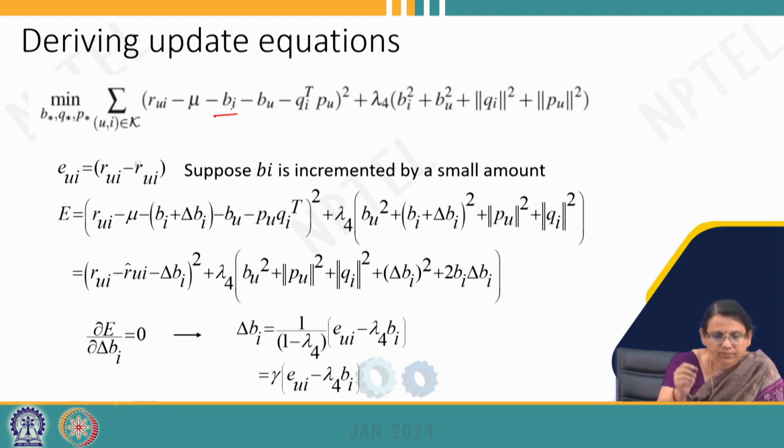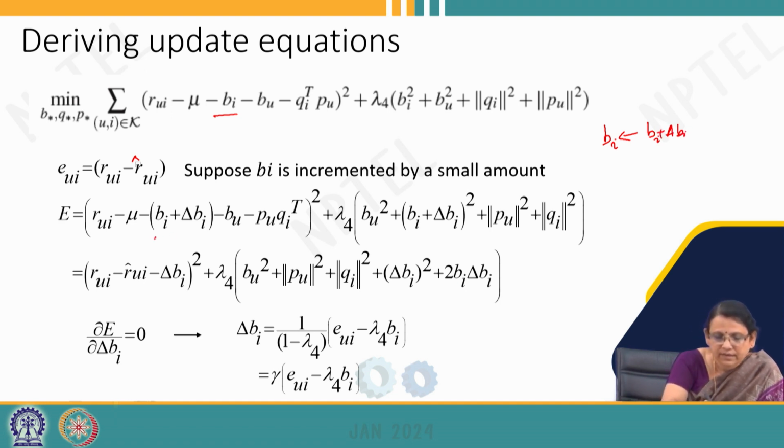Okay, so this is our RUI cap. This RUI cap or RUI hat is the estimated value, and suppose we increment. What is our aim? Our aim is, if we start with certain random Bi, in the next iteration we will be making Bi plus some delta Bi, right.